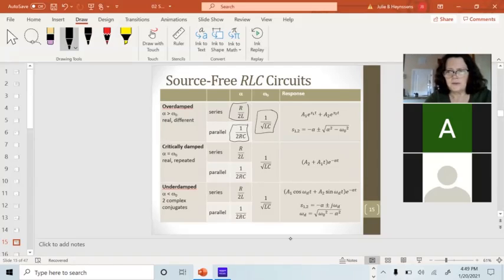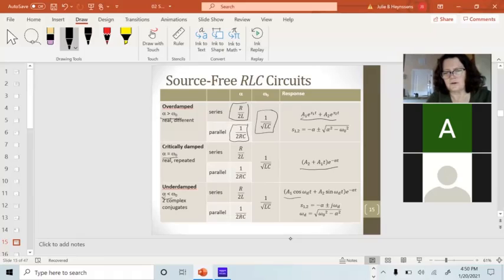So the first thing I do is determine if it's series or parallel, and calculate alpha and omega naught. That will be the first step on all of these, and we'll get this into a multi-step process soon. And once I compare alpha and omega naught, I can figure out what the form of the solution looks like.